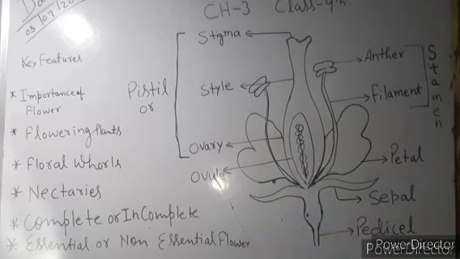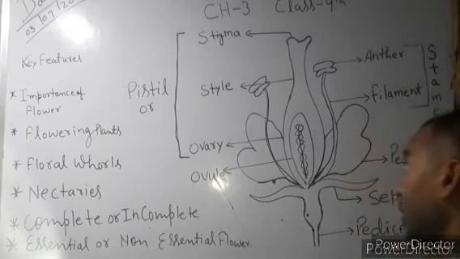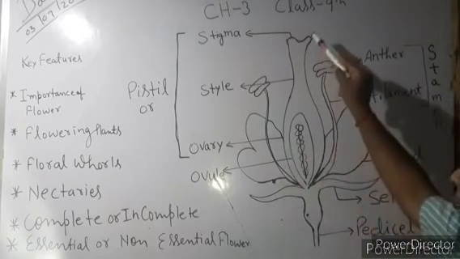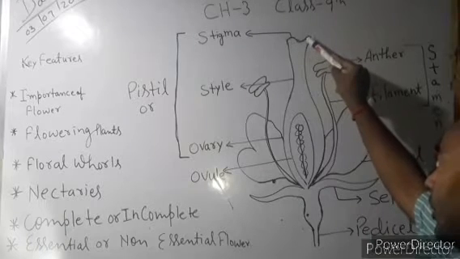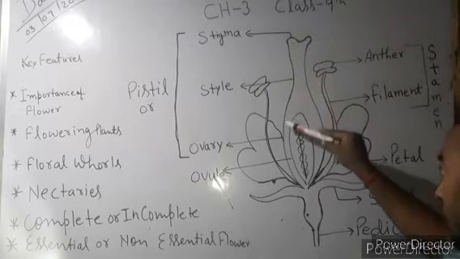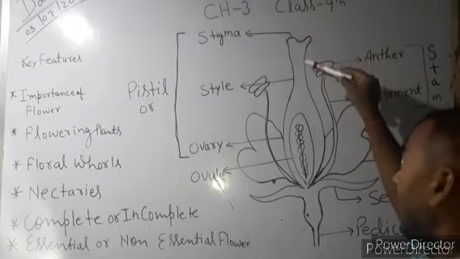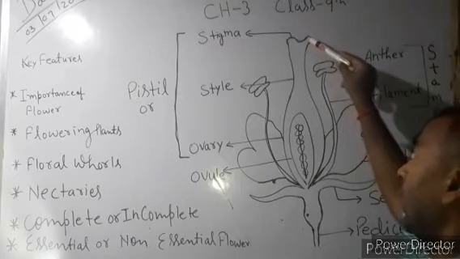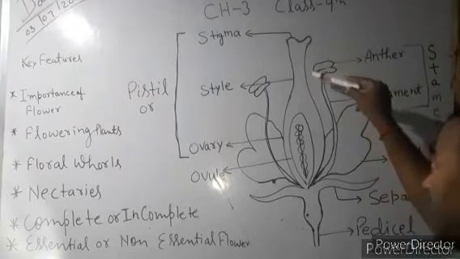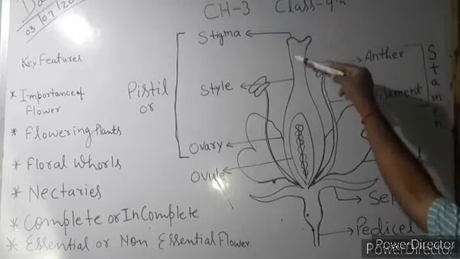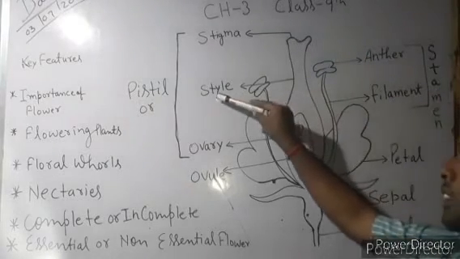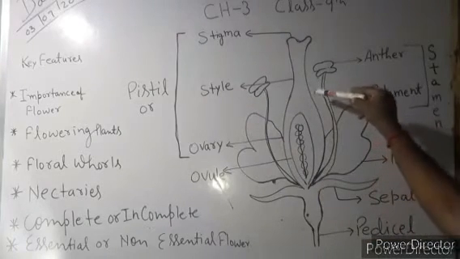When we see a typical flower, in the middle there is a broad part that is known as the stigma, and below the stigma is a cylindrical part known as the style.